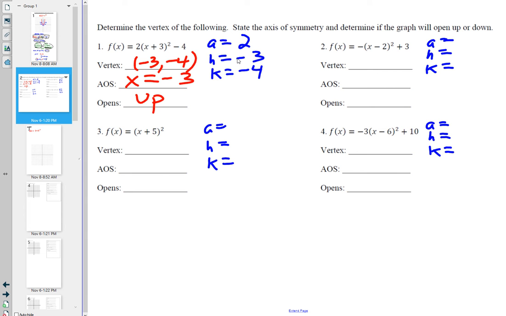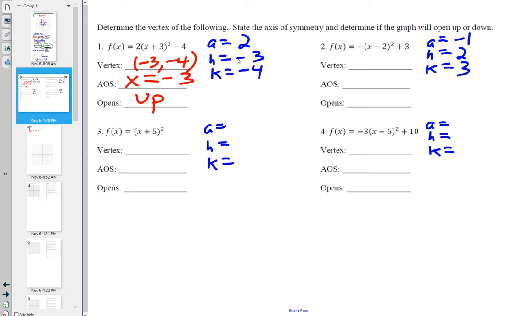All right, let's go with number 2. What's a there? 1. Not 1. That's -1. Good. There's a negative in front of the parentheses. So a is -1. h is? No, +2. Don't forget to change the sign for the h. That's the most common mistake. k is 3. k, don't change the sign.